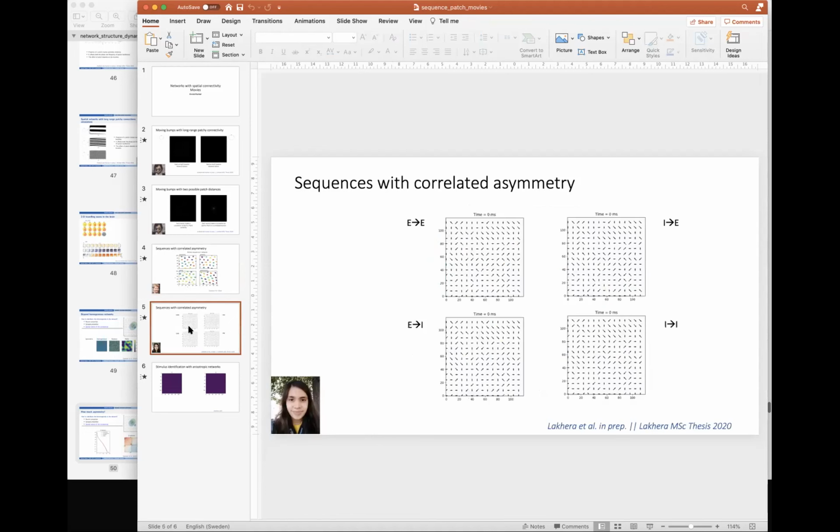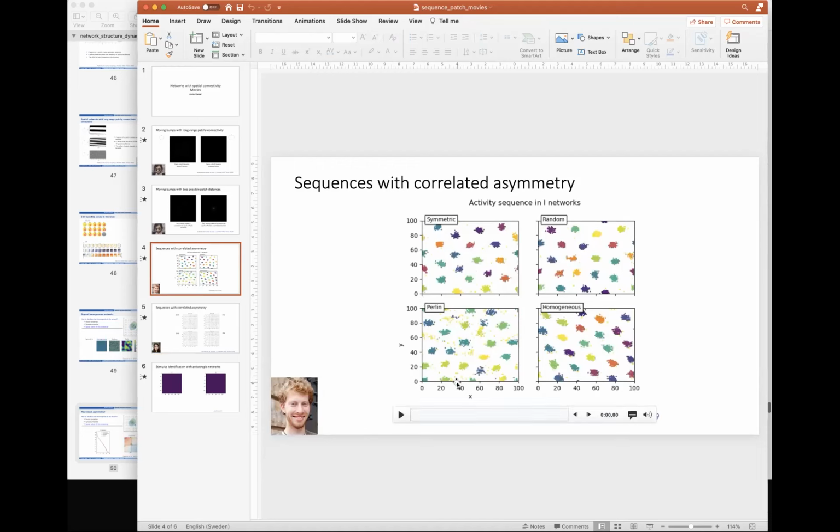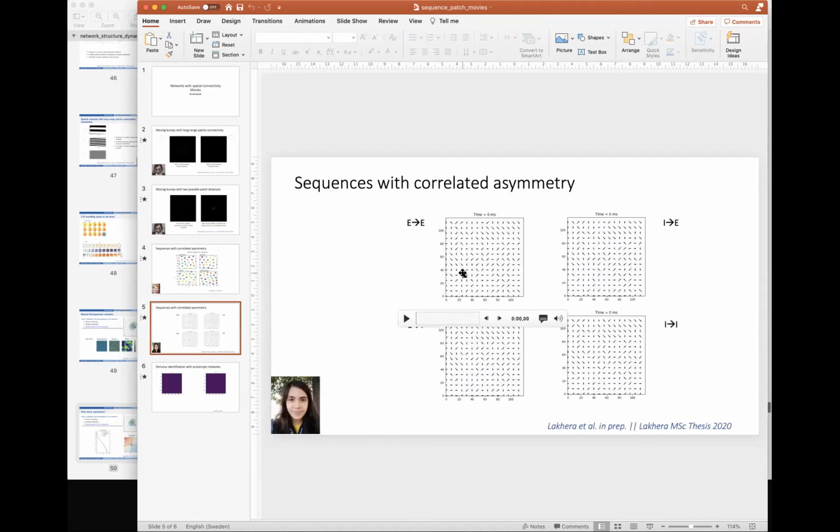What Sebastian did was that he only looked into the E2E connectivity, and that was made anisotropic and spatially correlated. We can do the same thing for E2I connections or I2E connections. In each case, you will see these sequences moving. In this case, Shreya changed the connectivity asymmetry between E and I connections, and there also you have this nice flow of sequences. Similarly, when you do it in an II case, that also works out.